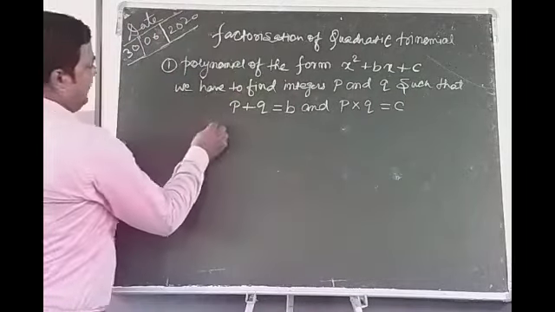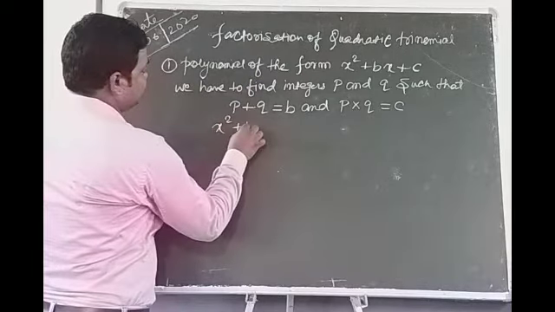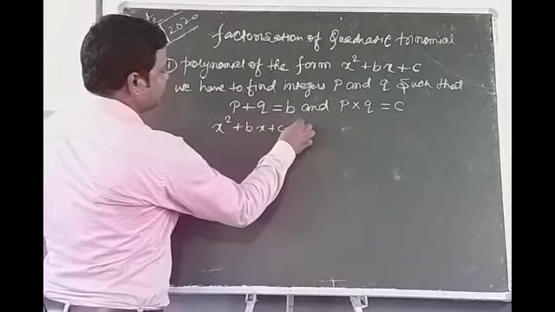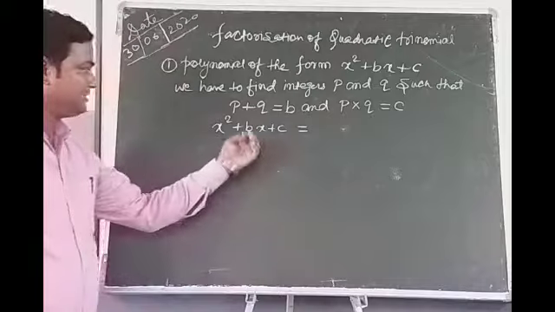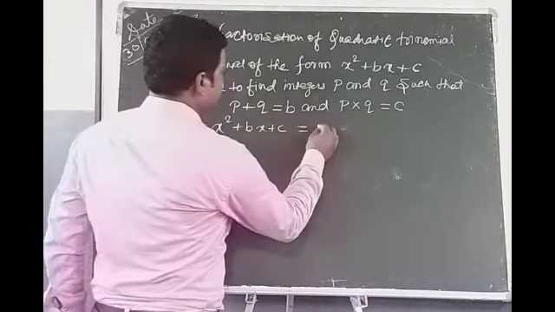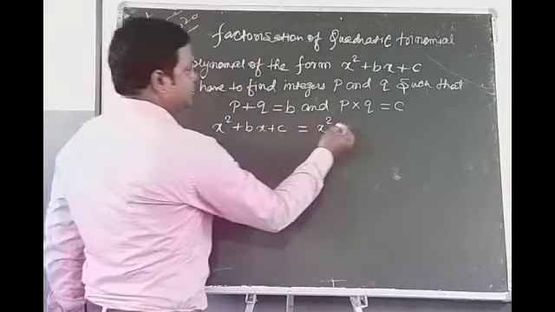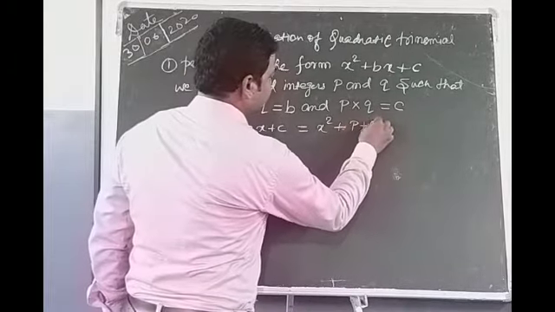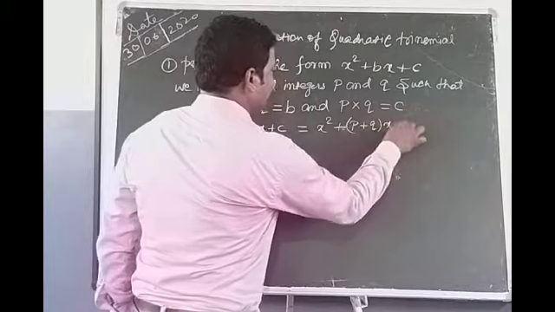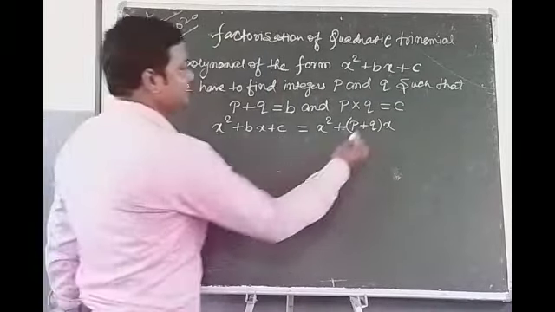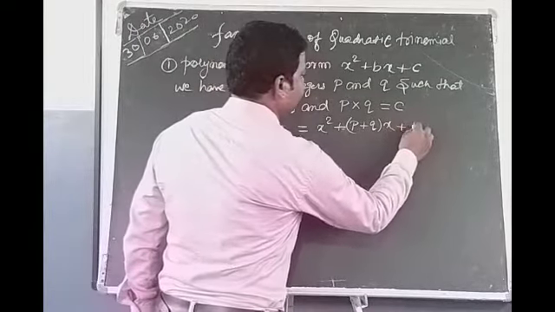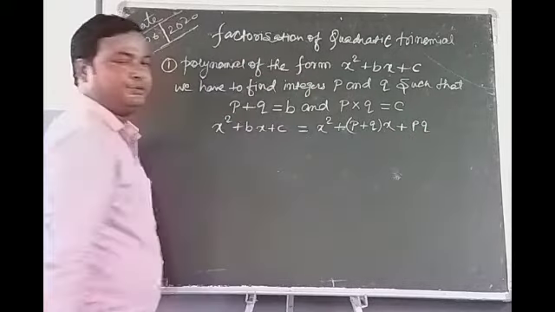Then x square plus bx plus c should be written as x square plus, what is the value of b here? p plus q, so (p plus q) into x plus, what is the value of c here? pq.